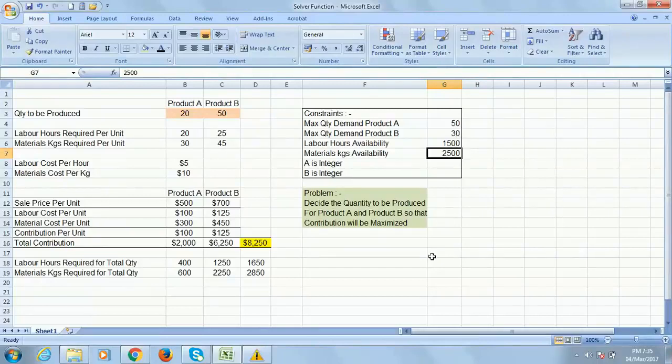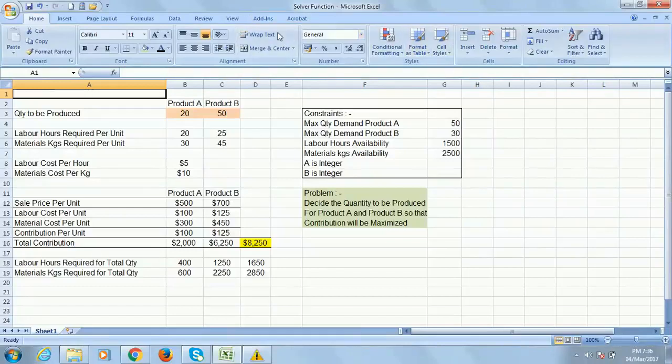In this situation a factory accountant has to decide exactly how much quantity of product A and product B should be produced so that the overall contribution will be highest in the given situation. It is quite difficult to make this analysis without any tool, and Solver is the best tool to do that.